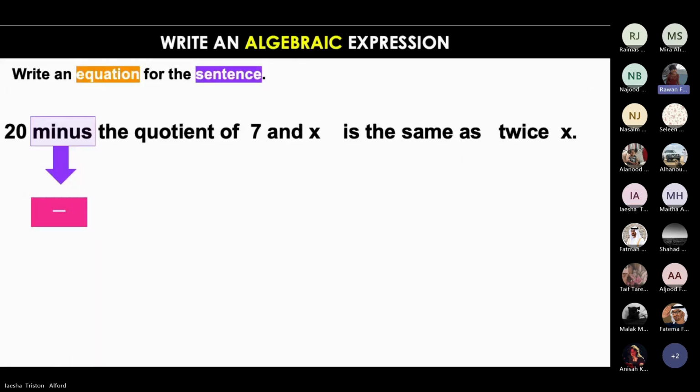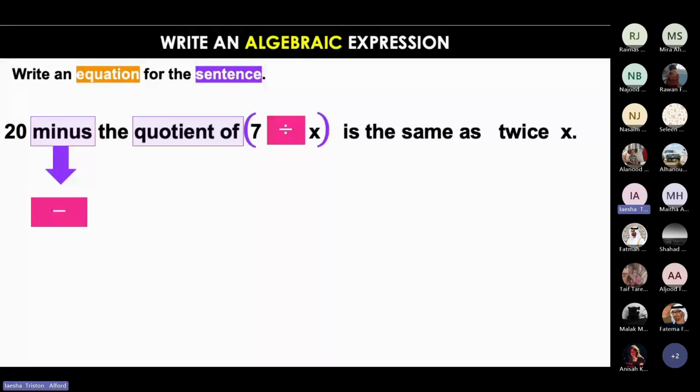The product of. Yeah, that's one. The quotient of. What is the meaning of quotient of? Divide. Divide and what? Parentheses. So we need parentheses and we need divide.